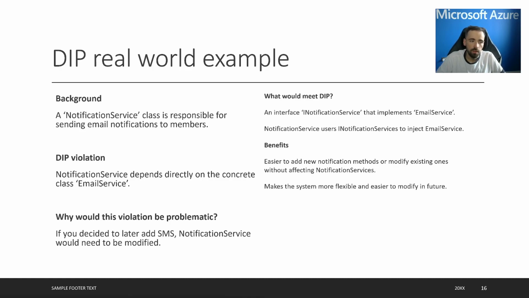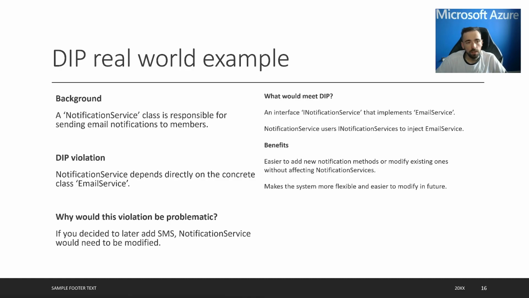It would violate DIP if NotificationService depended directly on the concrete class EmailService to send emails to users. And this would be problematic because if we needed to later add SMS, NotificationService would need to be modified, which would mean modifying existing code and the inherent risks that come with that.